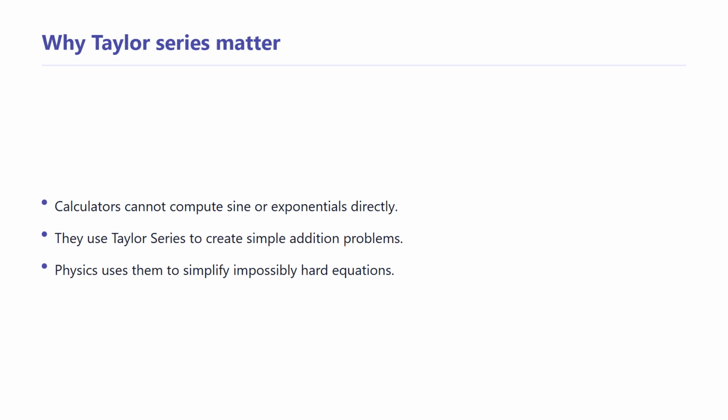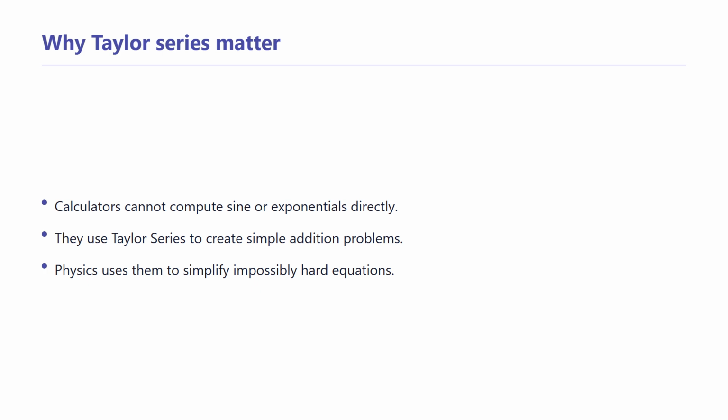You might be wondering why we need to turn perfectly good functions into infinitely long polynomials. The truth is, calculators and computers do not actually know how to calculate functions like sine, cosine, or exponentials directly.